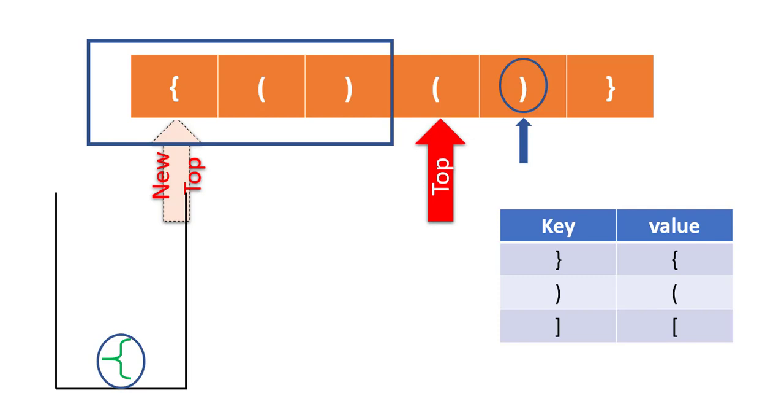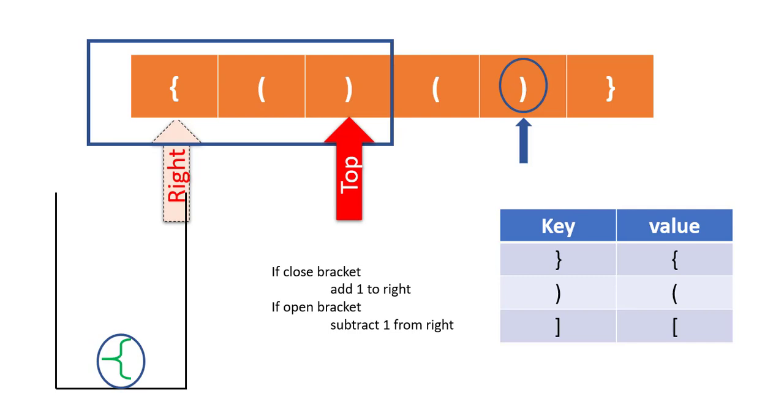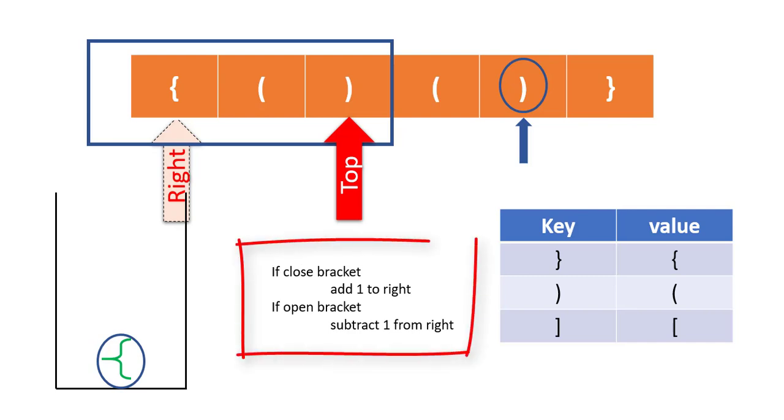As shown on the screen, the new top is at the 0th position. So how do we come to know that? We'll have one more variable which we call right, starting from index 0, and we now have top shifted to top minus 1. In this area shown between brackets, we need to find the next top. Now we need to update the right pointer according to the conditions.